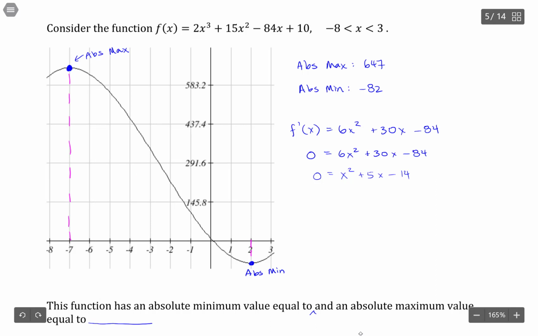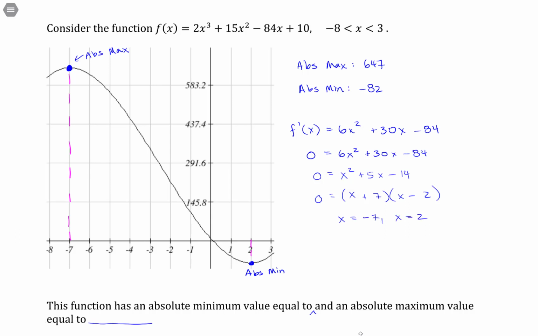Yeah. And that will factor: x and x, 7 and 2. That's positive and that's negative. That reveals I have horizontal tangent lines at -7 and 2, as seen in the drawing. So absolutely, you could do it without the picture.